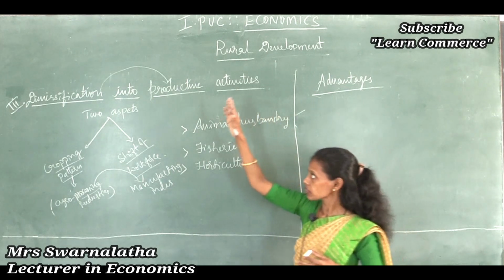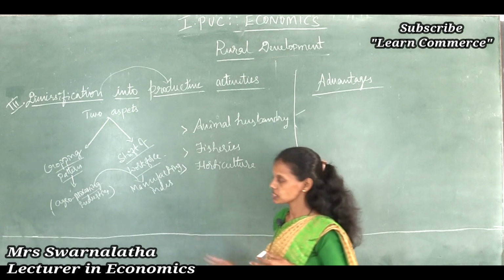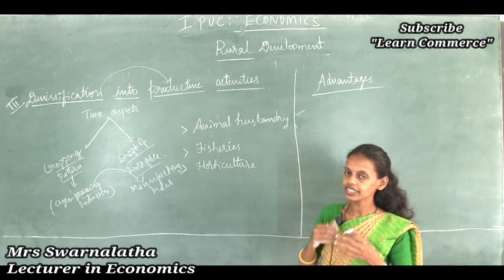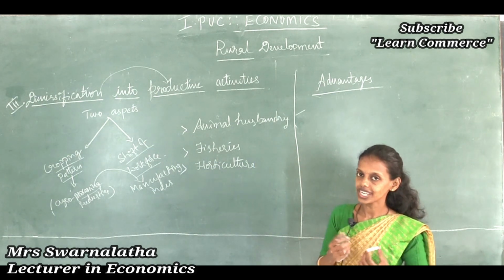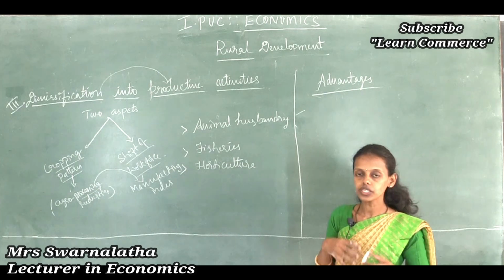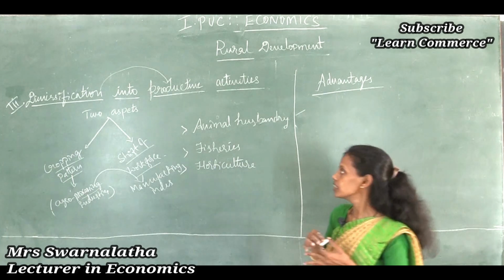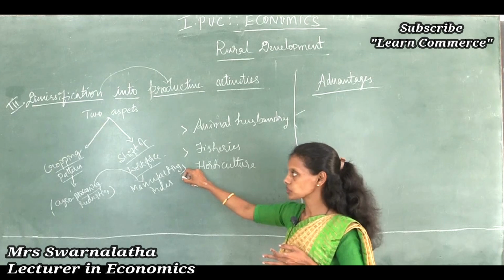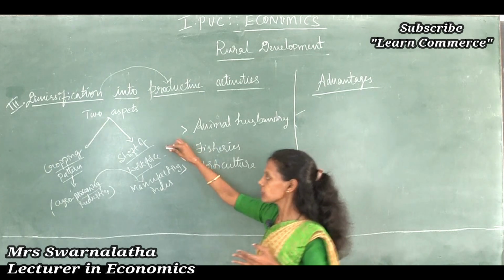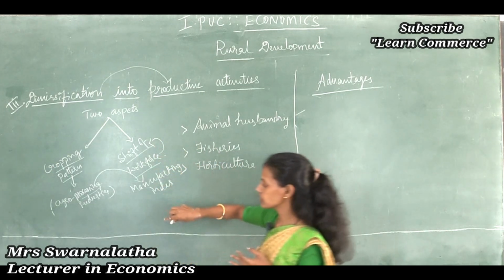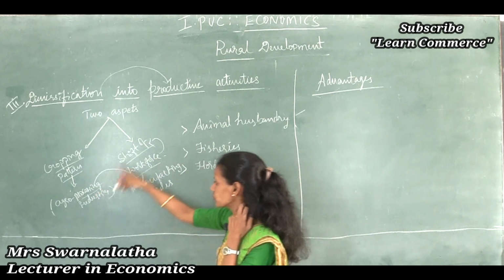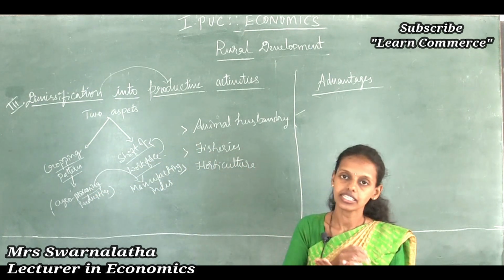If this diversification is made, different categories of people will get different kinds of employment according to their skill. On the basis of their skill, work is given to the people. Thus the workforce shifted from agricultural work to agricultural allied activities.